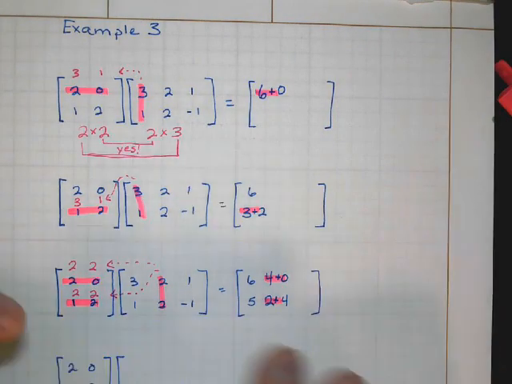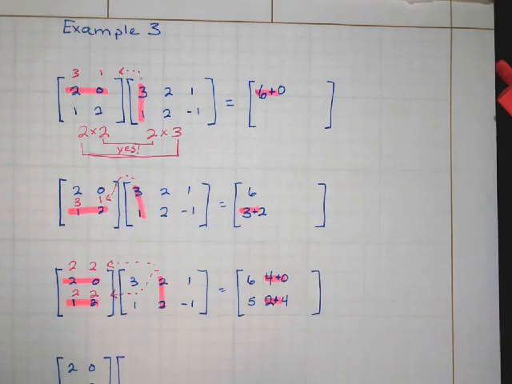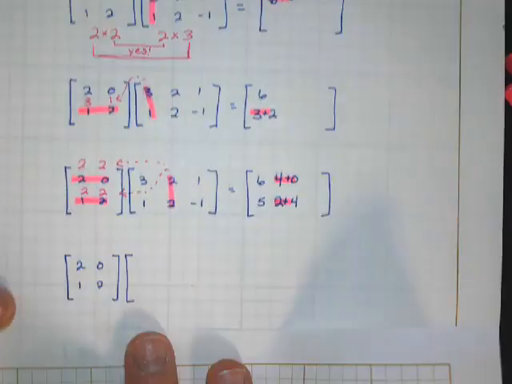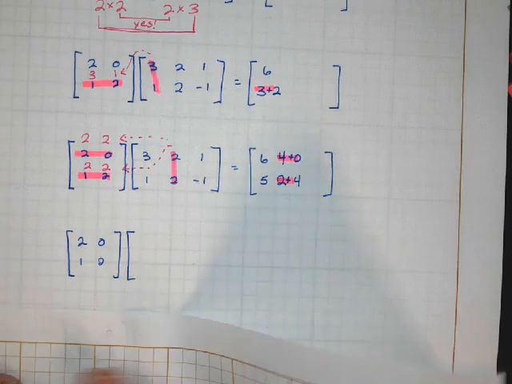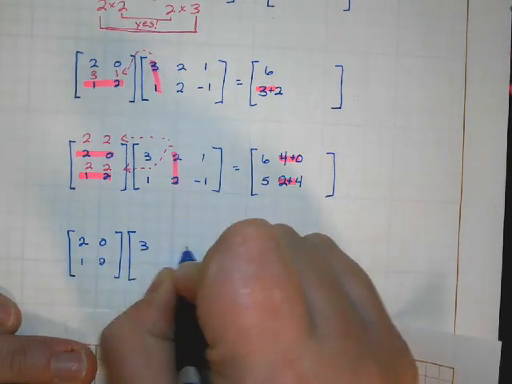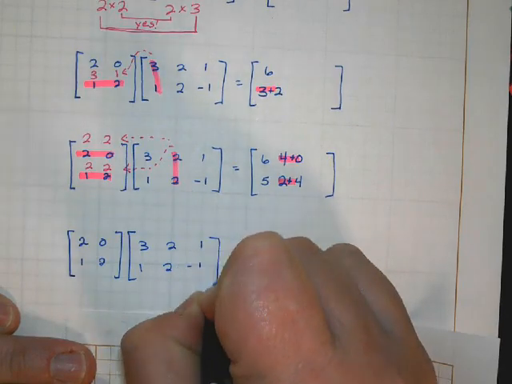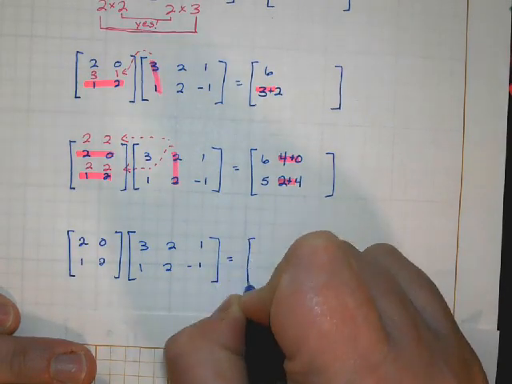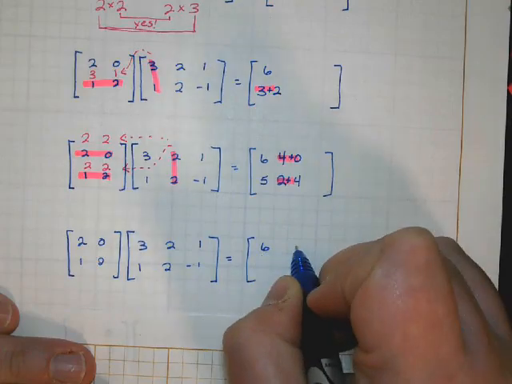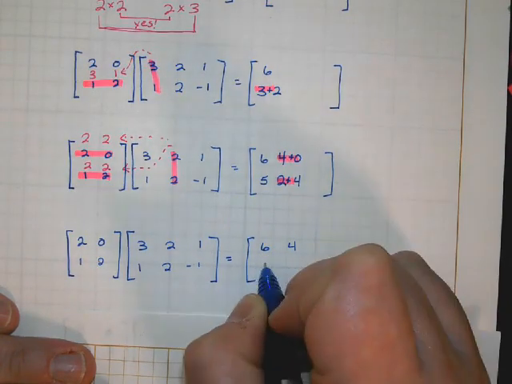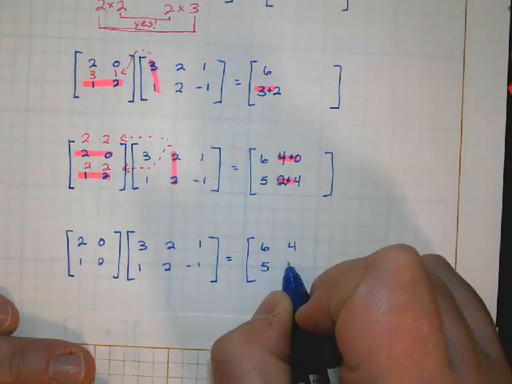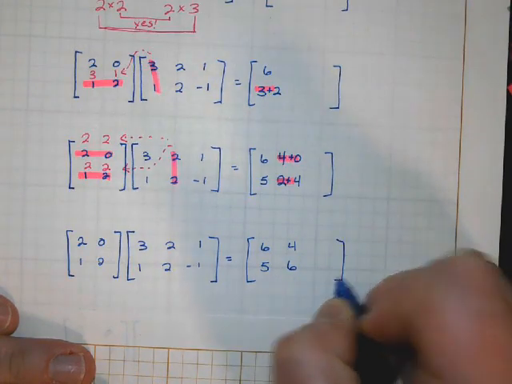So now when I redraw this, my answer right now is going to look like this. 6, 4, and a blank. 5, 6, and a blank.